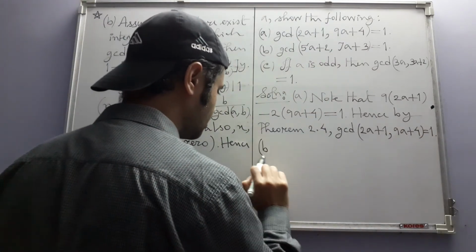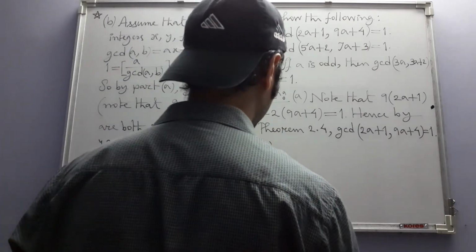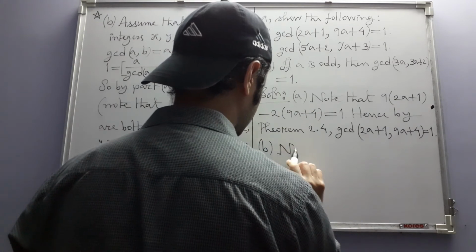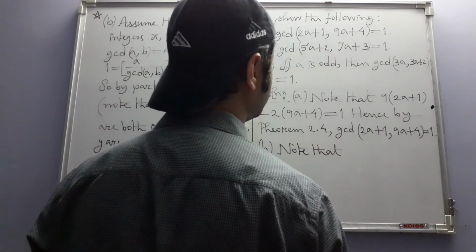So irrespective of the choice of a, these two numbers are always relatively prime. So now we know how to solve part B.